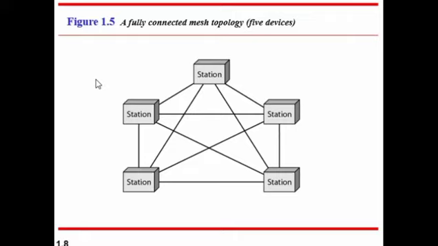The formula is n(n minus 1) divided by 2. N here is the number of nodes. So if we have 5 nodes over here, the number of lines and communications we will get here is 10, right? So we'll have to make 10 communication lines. If you count all these connections, you will get a sum of 10.